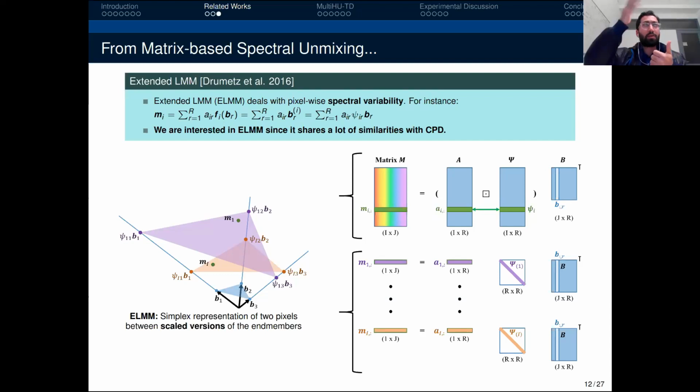There could be some nonlinear lighting conditions, some atmospheric conditions. So we suppose that it is F_i of the B_r.